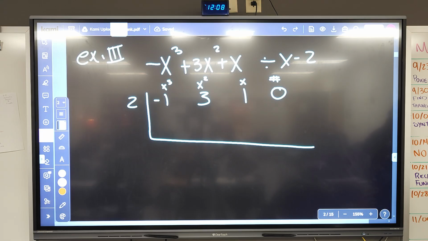So you know how this one's starting with the x cubed? You put this number, but with the x squared, one lower.